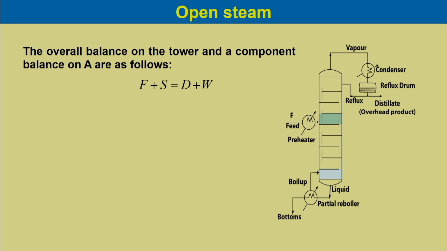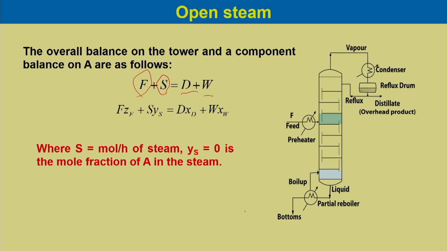Now, if we use the balance equations, the overall balance on the tower and a component balance on A: this is the overall balance. You have feed F and live steam injected S, which would be equal to your distillate D and the bottoms W. Now, if we do the species mole balance, F into ZF plus S into YS would be equal to D XD plus W XW.